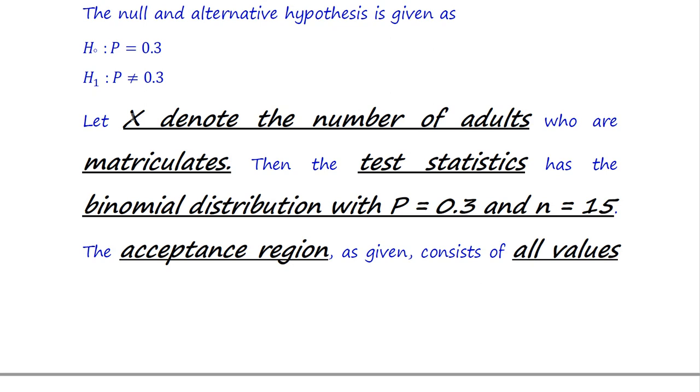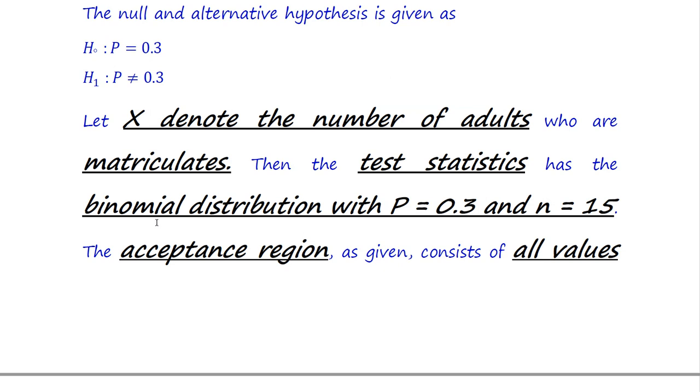Let random variable x represent the number of adults who are matriculate. The test statistic follows the binomial distribution.